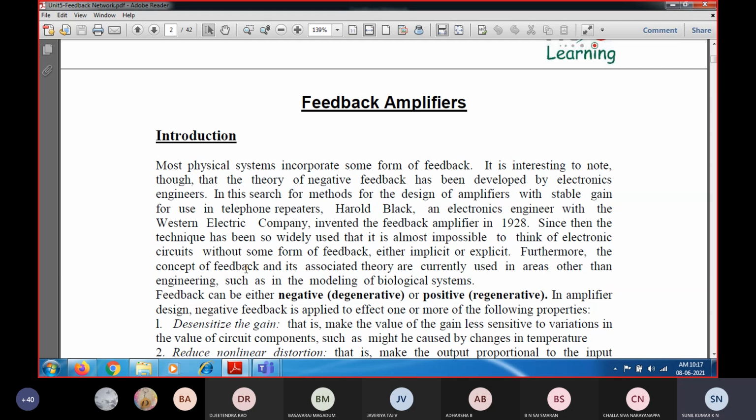Positive feedback means that whatever feedback signal you give from the feedback element is added along with the input signal. So whenever the input is added with the feedback input, obviously the output of the amplifier is going to increase only.